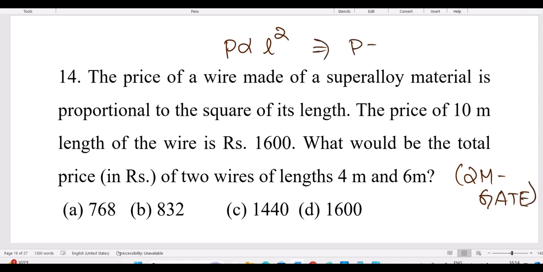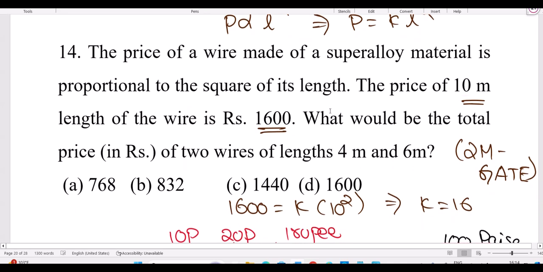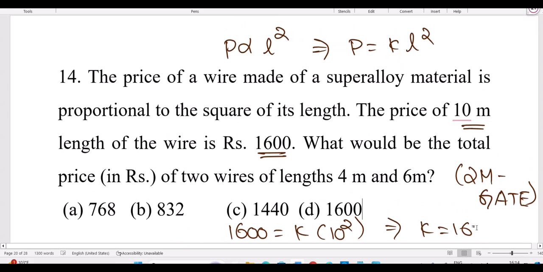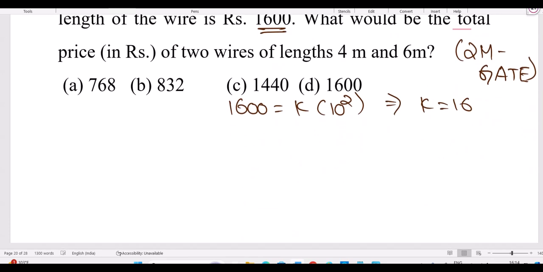Now I can put P equal to k into L square. To calculate k, they have given price is 1600 and length is 10. So I get 1600 equal to k into 10 square. So we got k value 16. Once you have k value 16, p equals 16 into L square.